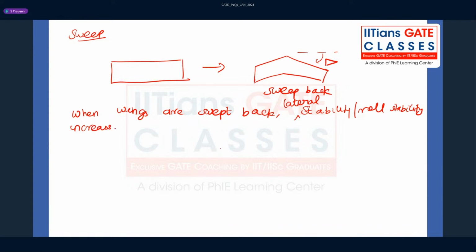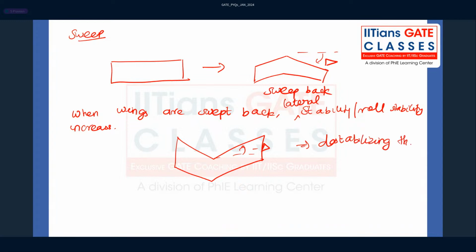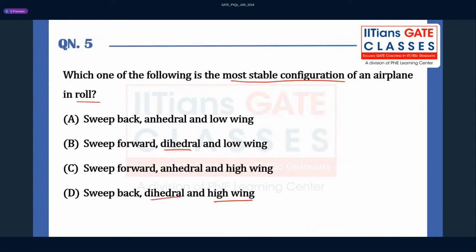Whereas when you provide a sweep forward, which is like this, some minus delta, that is basically destabilizing. So the sweep back has to be the stable case. If I go back to the options, it has to be sweep back, dihedral, and high wing. This is the most stable one. Hope you guys understood.